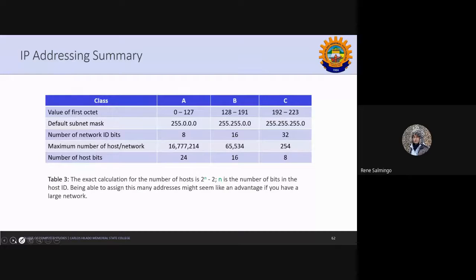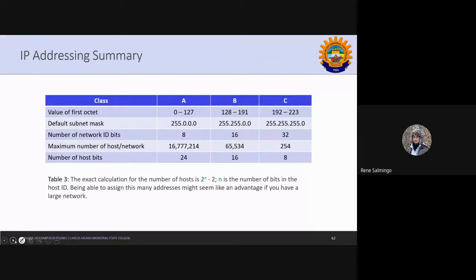For class B, you have 255.255.0.0, and for class C you have 255.255.255.0. The number of network ID bits in class A is 8, for class B that is 16, and for class C that is 24.